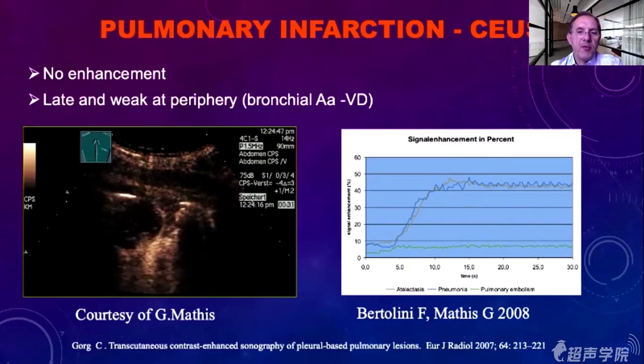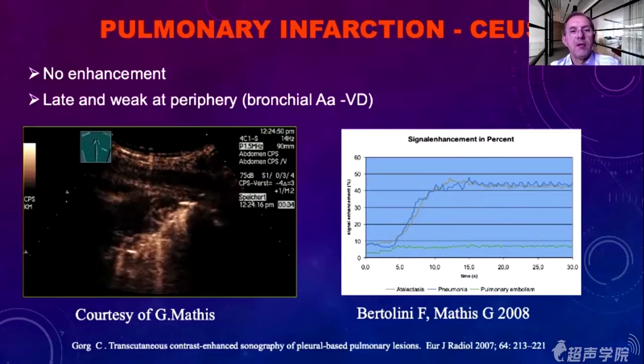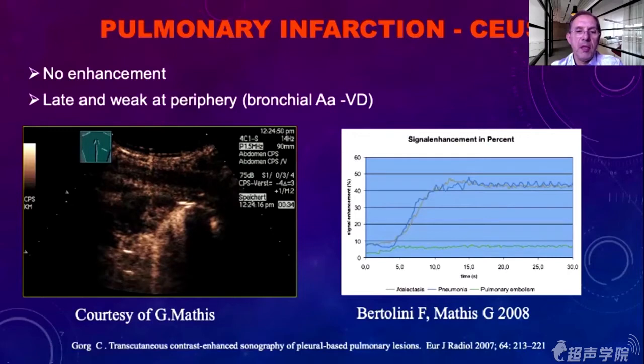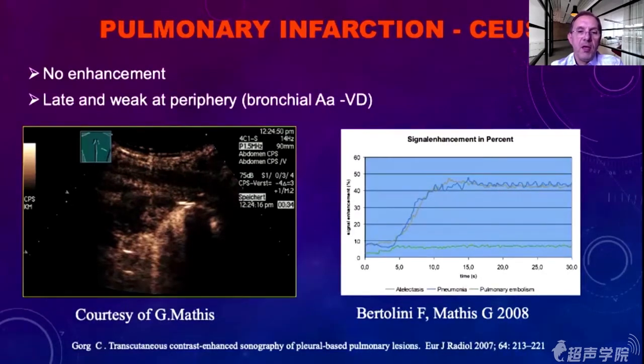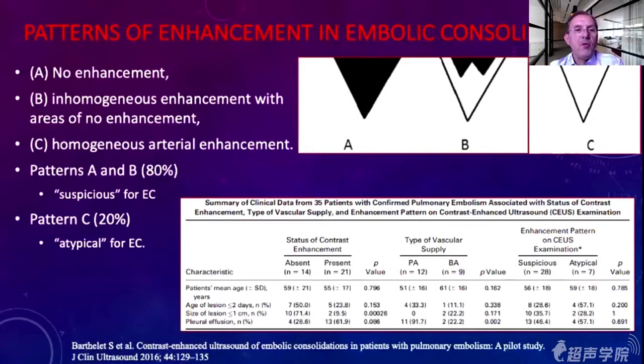These authors have demonstrated that in pulmonary infarction, usually the increase of enhancement is very, very low in comparison with arterial and pneumonia. We have three patterns of enhancement. Pattern A, no enhancement. Pattern B, inhomogeneous enhancement with areas of no enhancement. And pattern C, homogeneous arterial enhancement. Of course, this is less frequent.